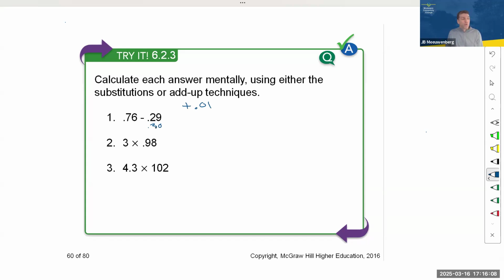And then from 0.30 to 0.76, I've got to add 0.46. The 4 gets me up to a 7, and then the 6 gets me up to that 6. So I've added 1/100th and 46 hundredths. Together, that's 47 hundredths, and that's going to be your difference.